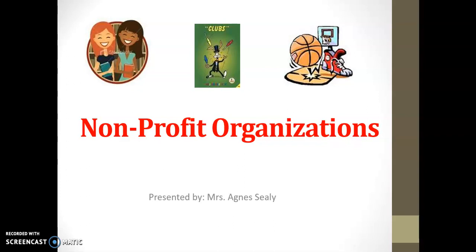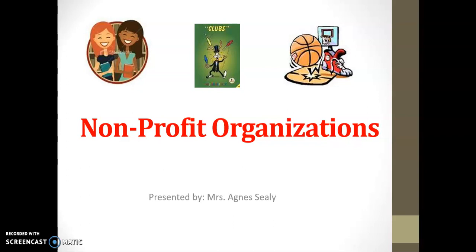However, we are going to be looking at nonprofit organizations, and we will be taking that same concept of markup and margin into the nonprofit organization, and we will demonstrate how to use it and how to use the various accounts within a nonprofit organization, keeping the books for the nonprofit organization.